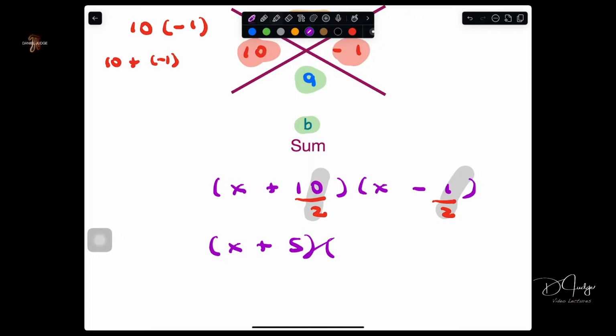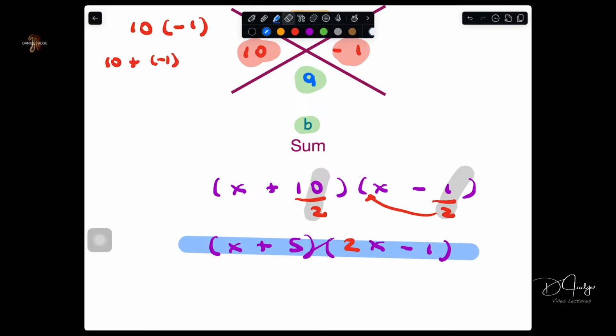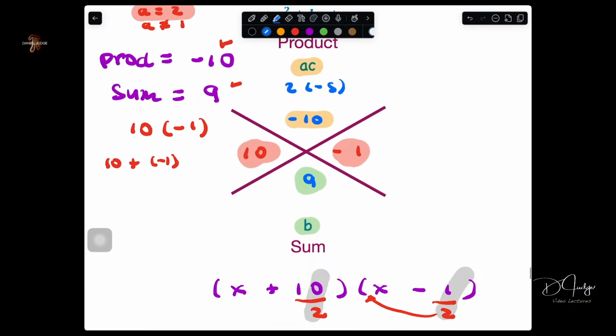And then 1 divided by 2 is a decimal. So we move that up in here. So this would be 2 now times x minus 1. Ladies and gentlemen, there you go. Crisscross method.